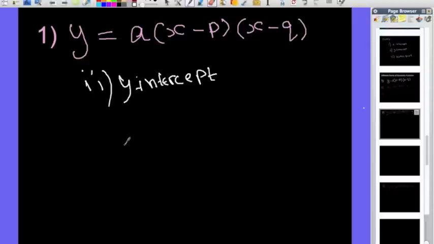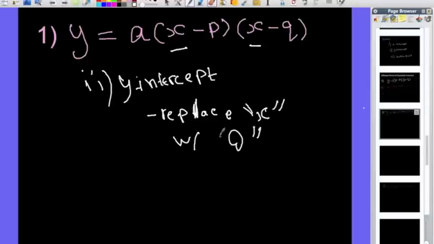In order to find the y-intercept, you need to replace the x with 0, and then you will get the y-intercept.